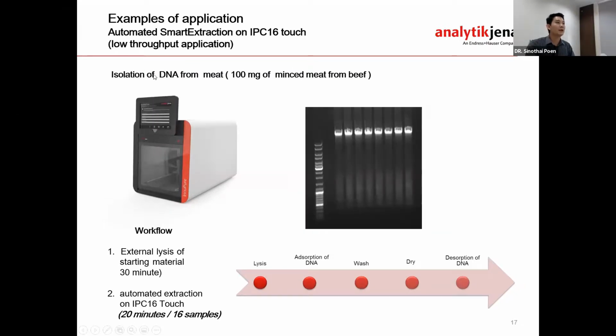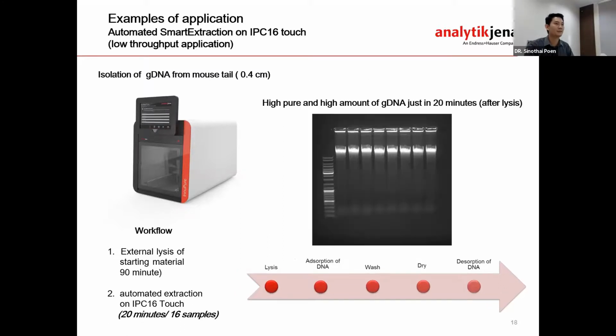Also, we tested smart extraction on InnoPLC16 Touch with minced meat, as shown here, our result. The extraction workflow took 30 minutes for external lysis, and automated extraction takes 20 minutes, and we got good quality and good yield of DNA as determined on the Abbott scale analysis.